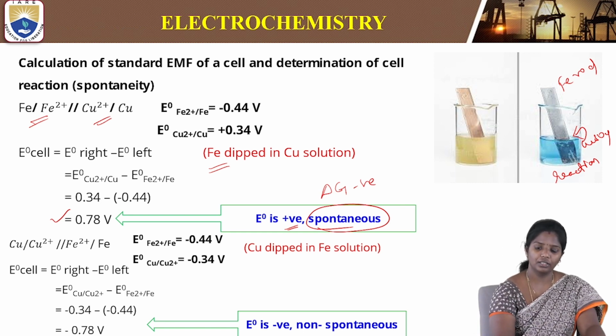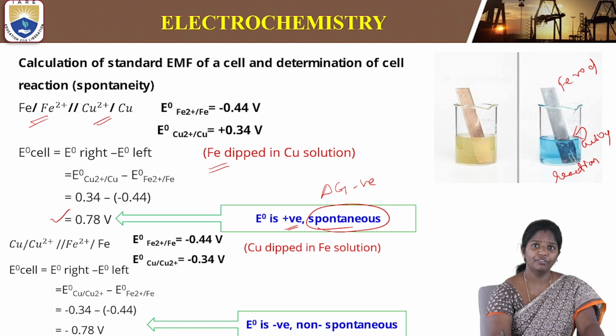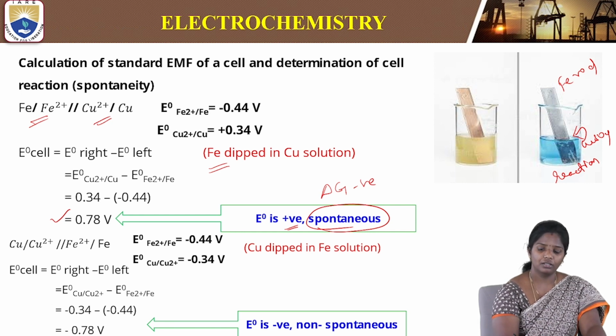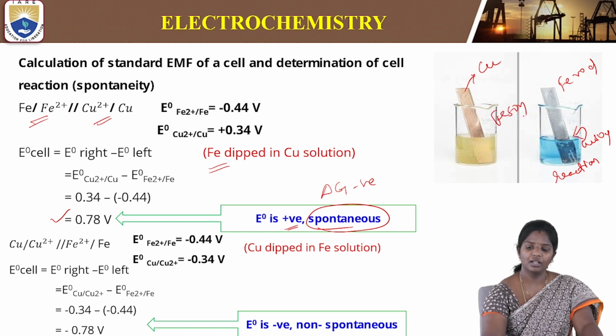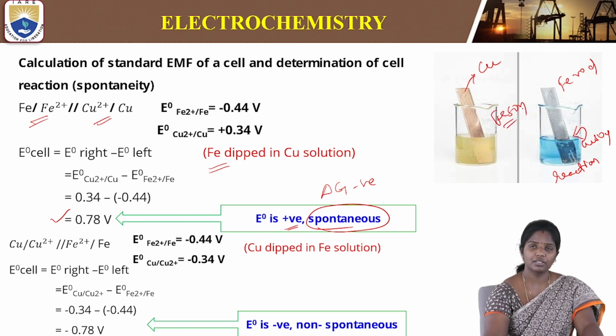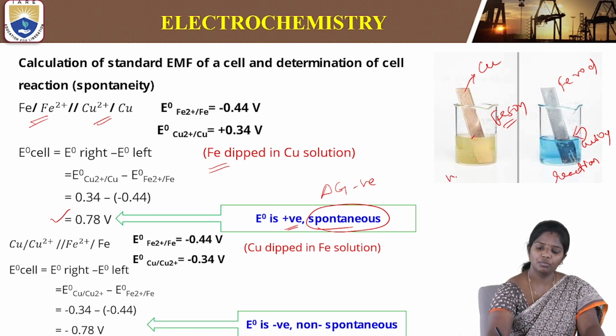If we dip a copper bar into iron sulfate solution, what happens? There is no reaction and no deposition taking place. Why?